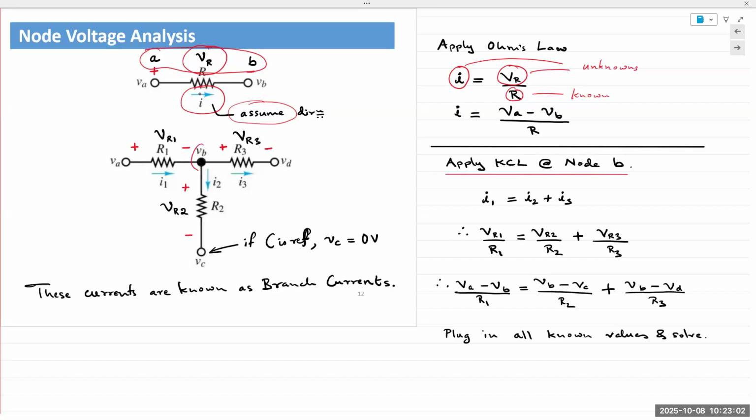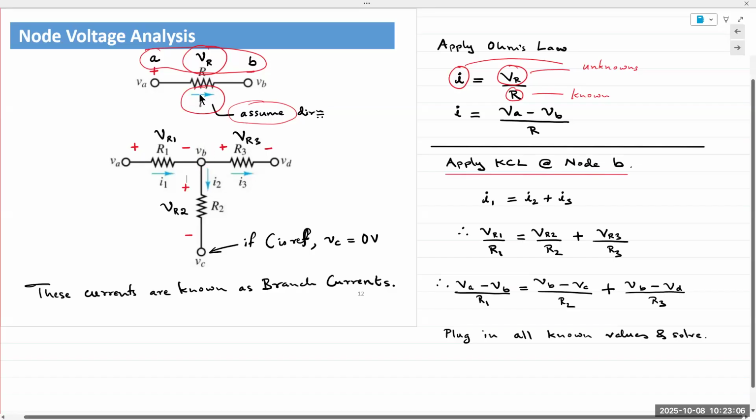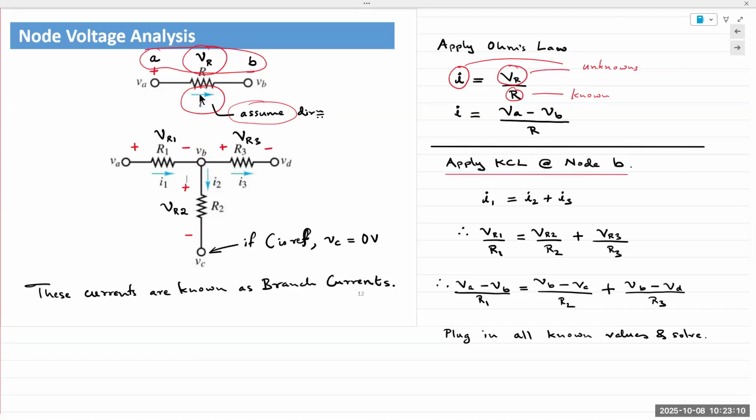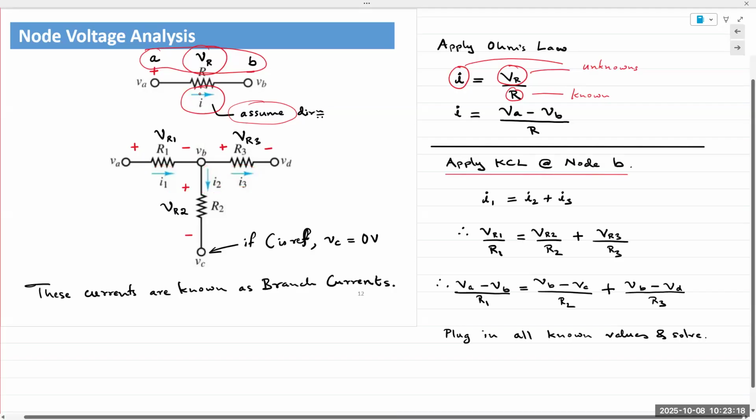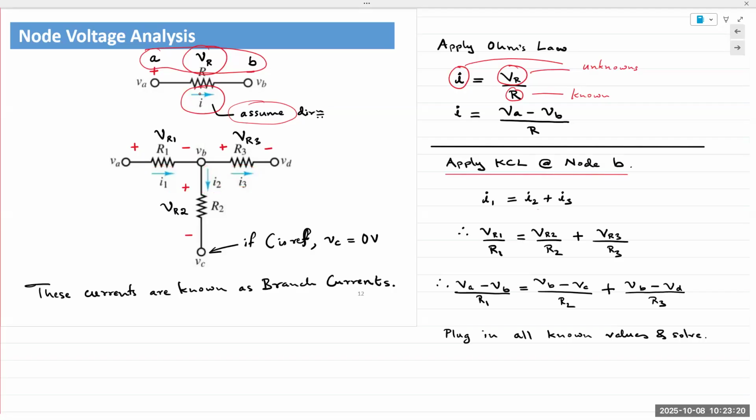So if you apply KCL at B, the direction of the current determines what equation I generate, right? Here the directions are already given to us. I1, I2, I3 are already labeled. So the KCL is going to be I1 equals I2 plus I3. All currents entering must equal the sum of currents leaving that node.